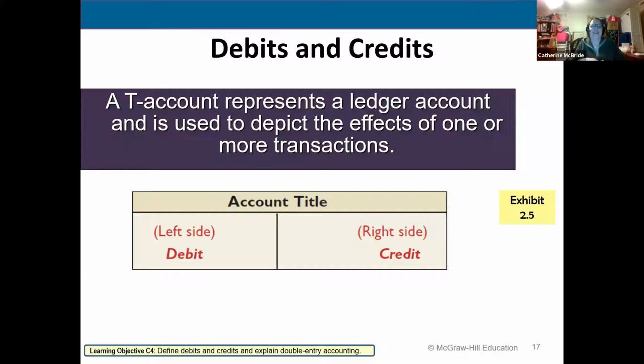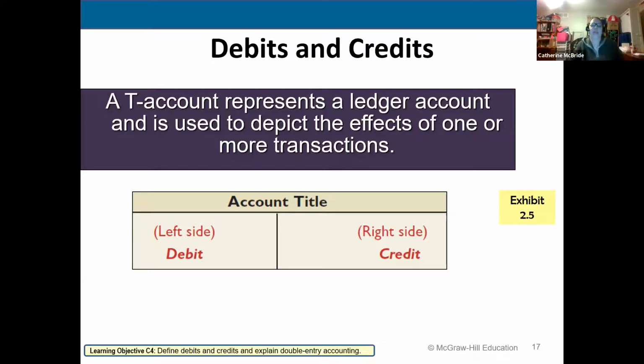So I had to go back and find out why. Well, it comes from the Latin terms debere and credere. So that's why it's DR and CR. In case you're like my daughter, you won't be able to figure it out until you understand these things and they make sense. So debit means left and credit means right.